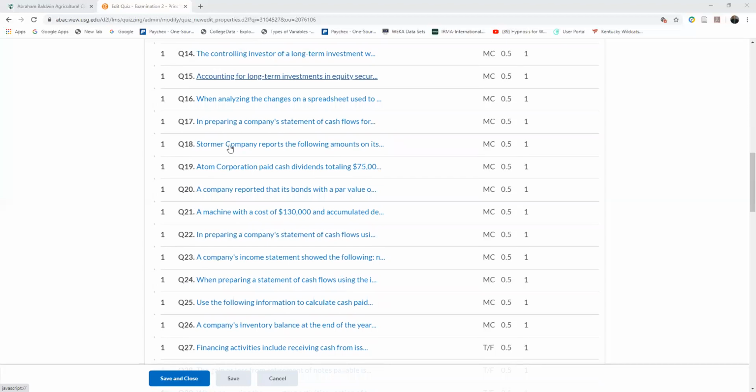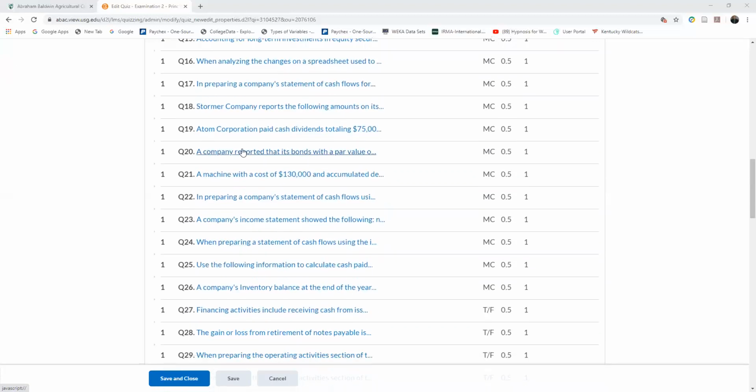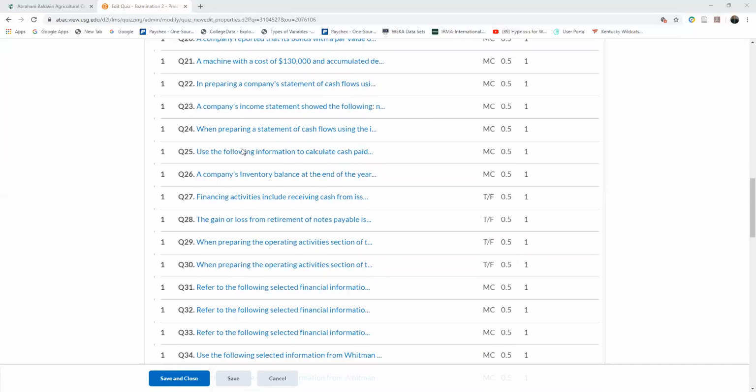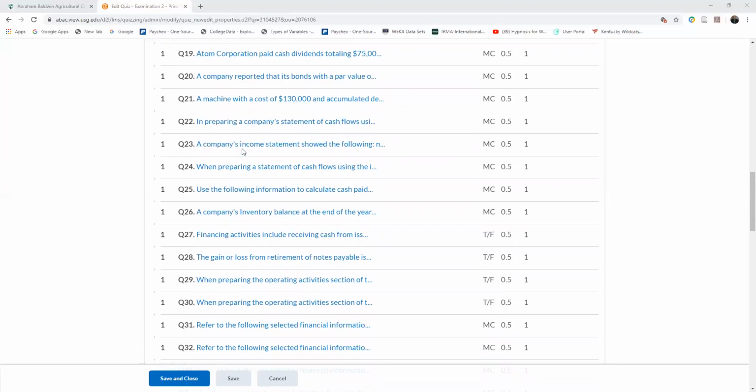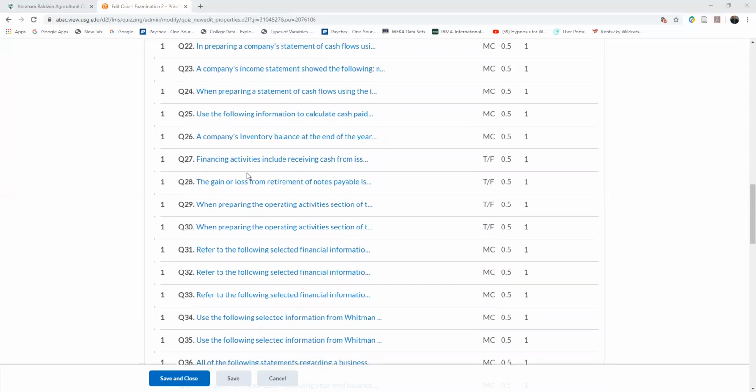Now, the last section of the examination here is on the statement of cash flows. And as you probably can guess, this one is one that I told you is very important. And if you look down through here, you can see that question after question after question has to do with the statement of cash flows.